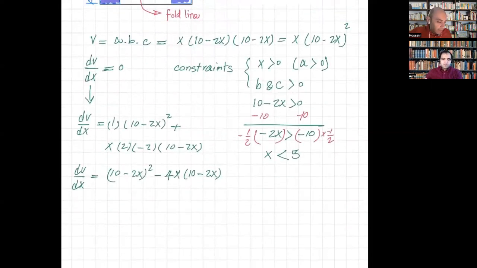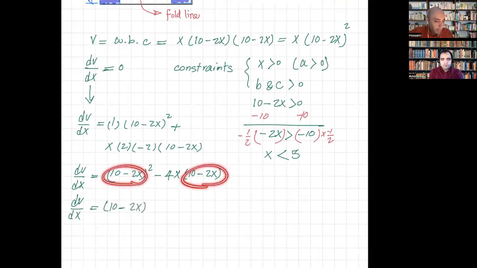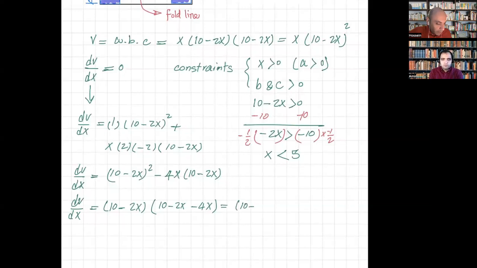You can factor out 10 minus 2x, since we have it here and here. So dV/dx equals (10 minus 2x) times (10 minus 2x minus 4x), and I can simplify this further to (10 minus 2x) times (10 minus 6x).